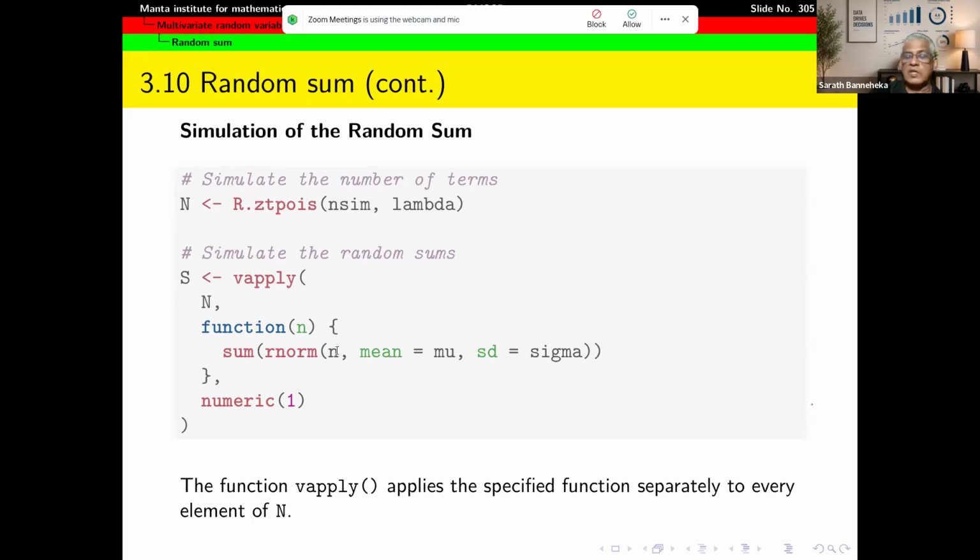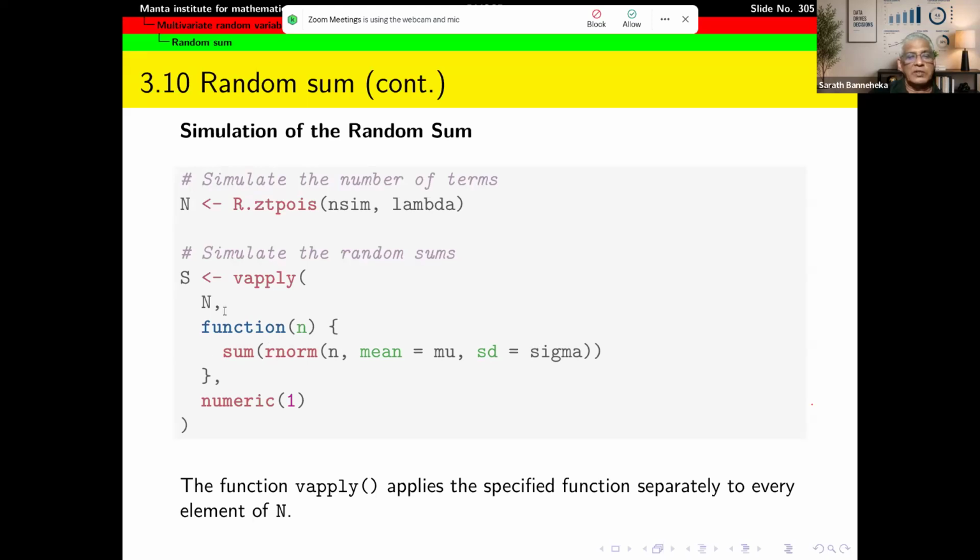So what I'm going to do is generate n normal random numbers with mean mu, which was given earlier, and standard deviation sigma, which was given earlier. So the program knows the values, and I take the sum of those n normal random numbers.